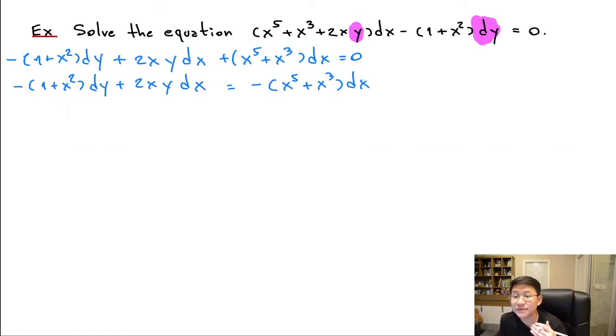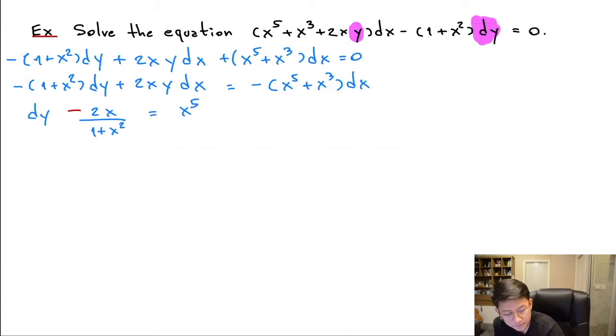And then I divide the whole equation by minus 1 plus x squared. So what I have is dy plus 2x divided by 1 plus x squared, I have minus, right? So can I just move minus here? And then I have it equals x to the power of 5 plus x cubed divided by 1 plus x squared dx.